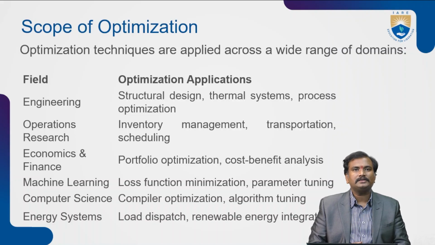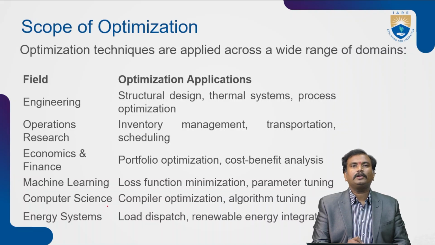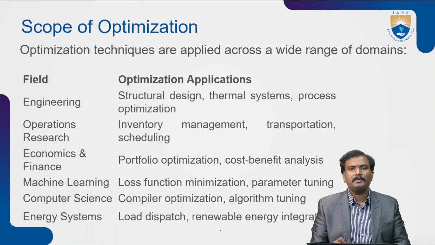In economics and finance, portfolio optimization and cost benefit analysis. In machine learning, loss function minimization and parameter tuning. In computer science, compiler optimization or algorithm tuning. And in energy systems, load dispatch and renewable energy integration.